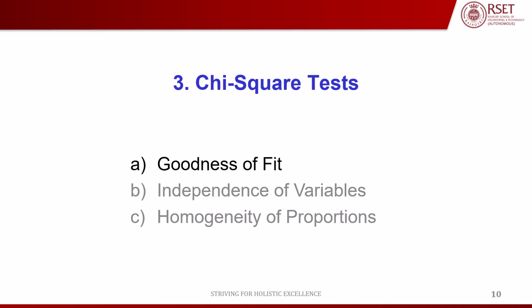If you want to see this area of chi-square testing completely, there are other methods also besides goodness of fit: independence of variables, and homogeneity of proportions. So we would be seeing the goodness of fit test in the next session. Thank you.